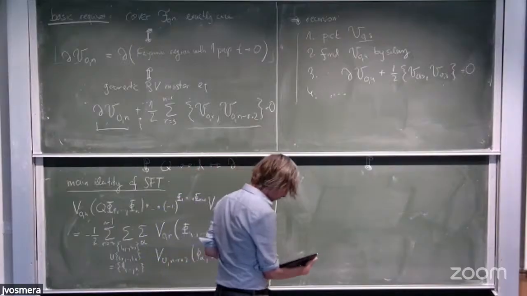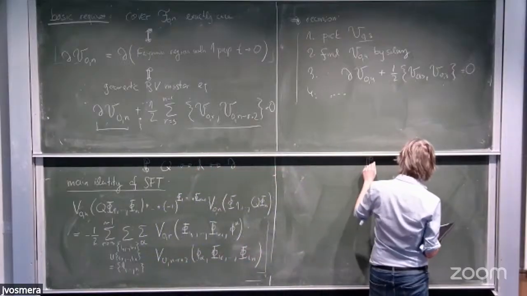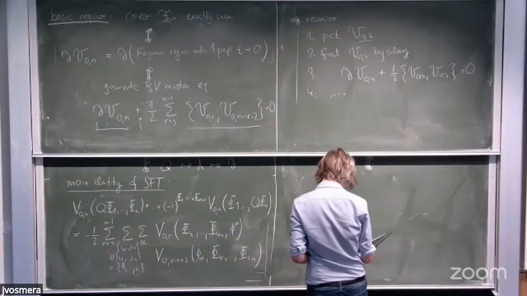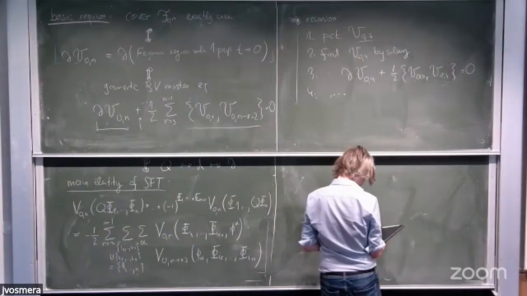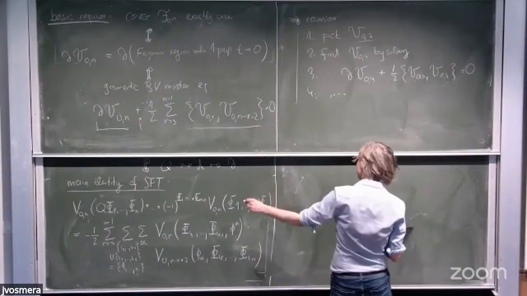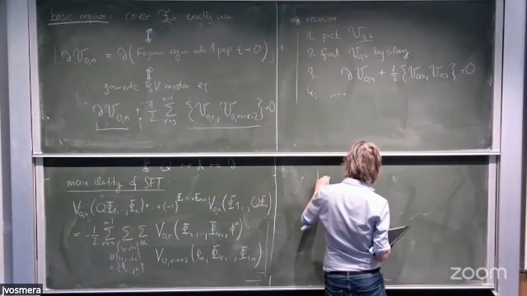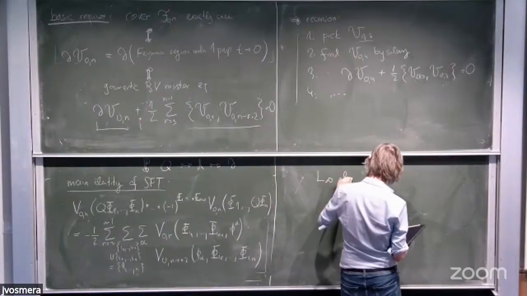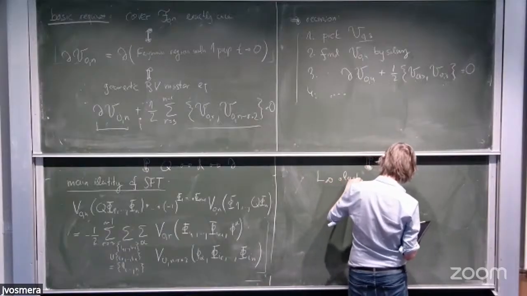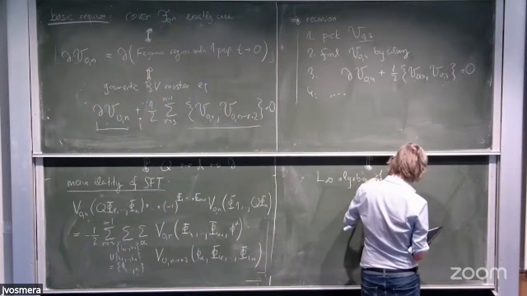So we're just now trying to see what this means mathematically. And the final equivalence which I will give you is that this main identity is equivalent to the L infinity algebra, what we call the L infinity algebra of string products.